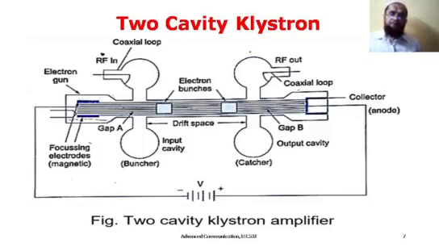The electron gun is followed by focusing electrodes, which you can see in the figure as the blue lines. These focusing electrodes provide a magnetic field, and they are followed by two cavities.